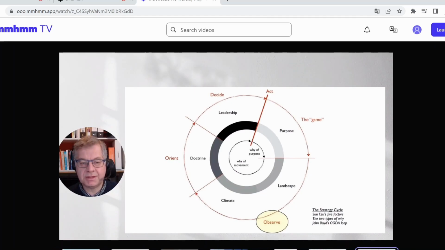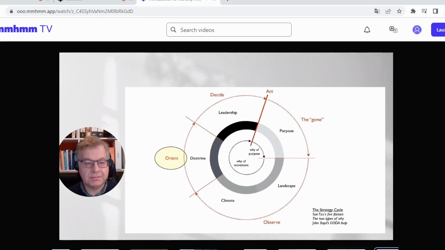So now if we combine these two concepts and arrange them in a circle, we get this. We observe the landscape we are competing in and how it's changing, and this changes what is meant by climate. The changes may be, for example, driven by technology or by changing user needs, new policies, increasing global competition, or driven by sustainability needs, for example. And then we orient. We evaluate and make sense of the information we observe, which leads to a doctrine, a logical reasoning about the needs, what needs to be done, and how we should organize ourselves to be able to take action.